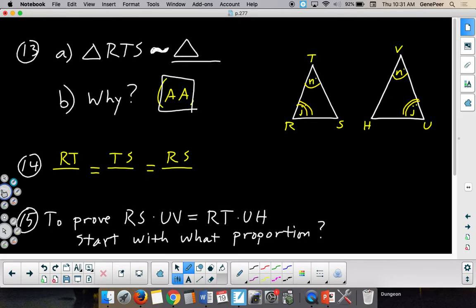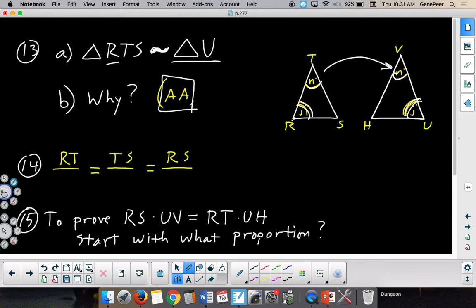To write the similarity, we have to make sure we get the corresponding parts matched up. Well, pretty clearly, let's start here. If they started with R, we have to start with what R matches up with, not with H. R matches up with U. So you have to start with U. T matches up with itself.